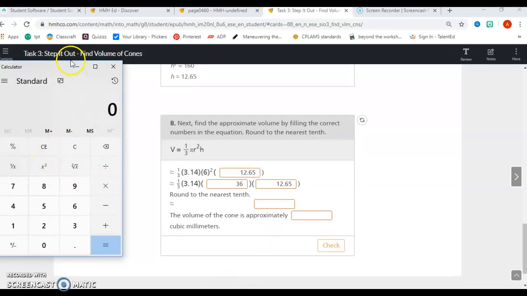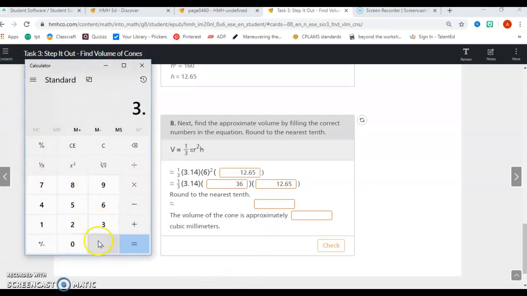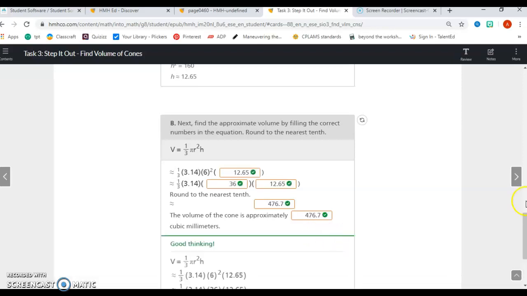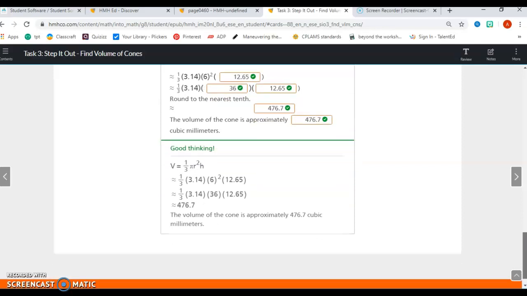So remember, to do it easy, we're going to do pi 3.14 times 36 times 12.65. And then finally divide it by 3. I have 476.652, but I want to round it to the nearest tenth. 476.7. Approximately 476.7. Got it. With 35 seconds to spare.